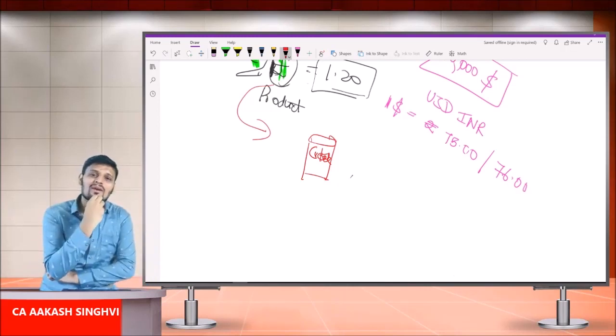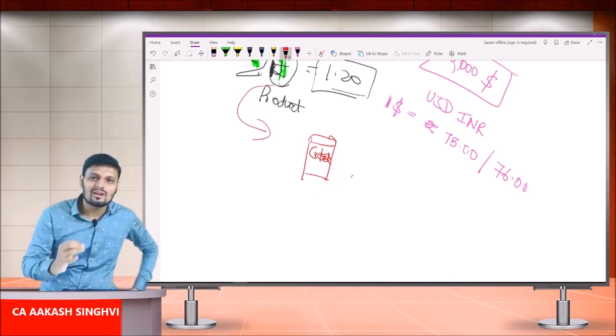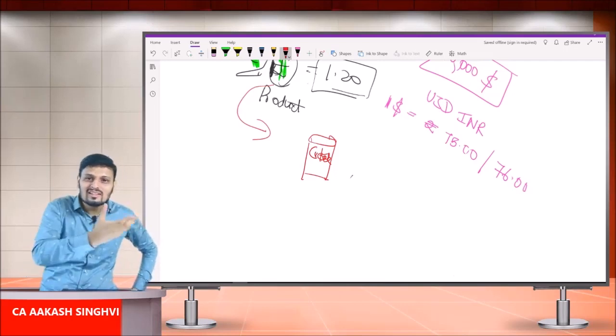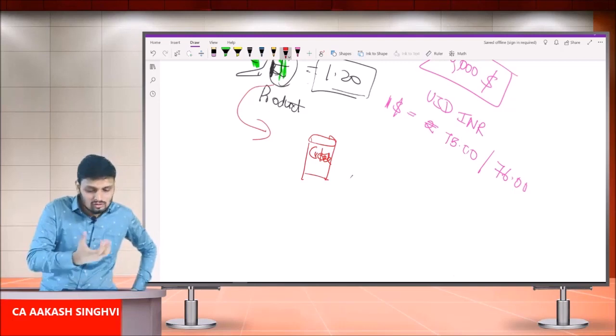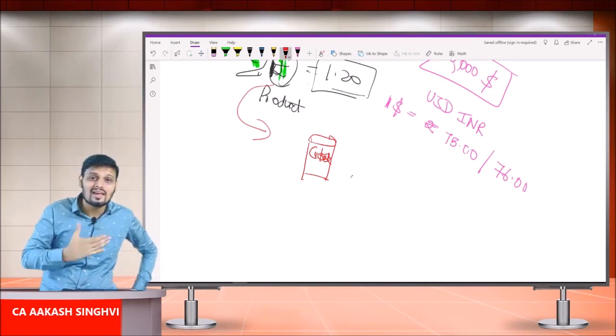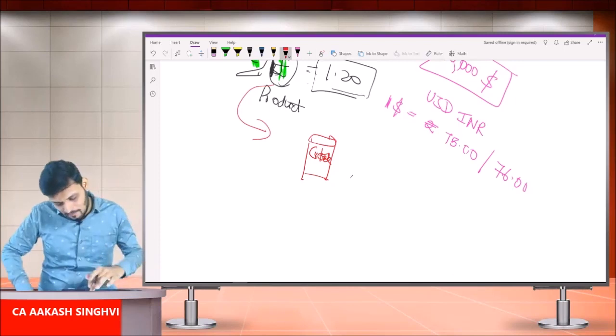Who will sell dollars in India? An exporter who receives dollars from a US party will come and sell to the forex dealer.